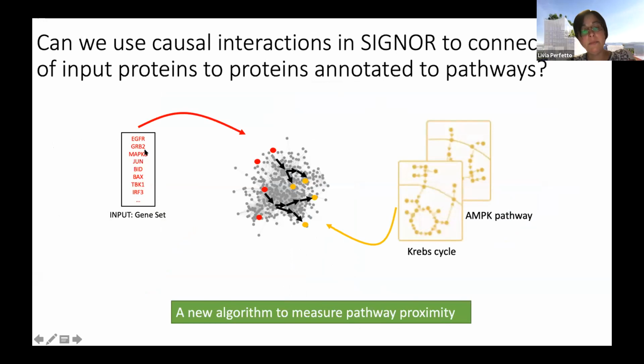Basically, we developed this new approach to calculate the significant proximity of a list of proteins to a number of pathways. The idea is that we have an input list of genes, and we can walk through the causal interactions in SIGNOR to find the closest pathways.